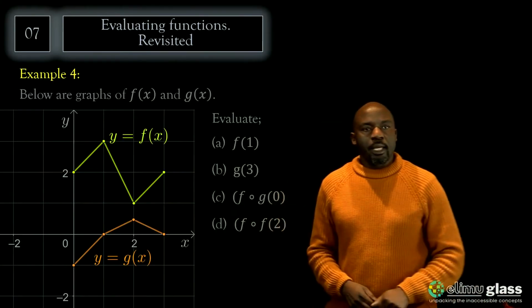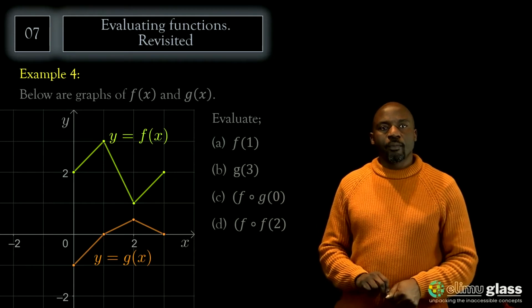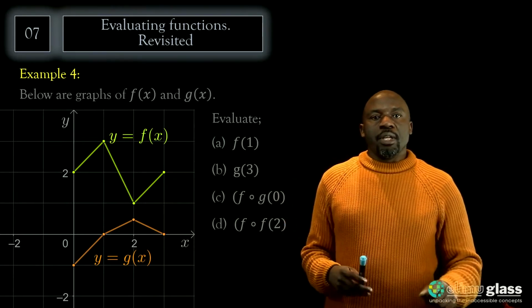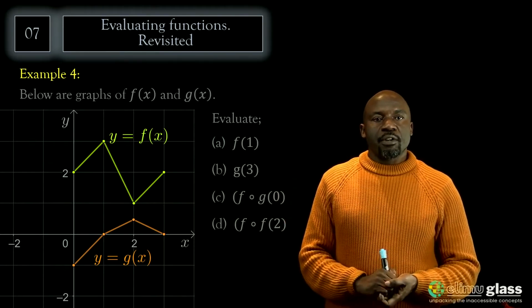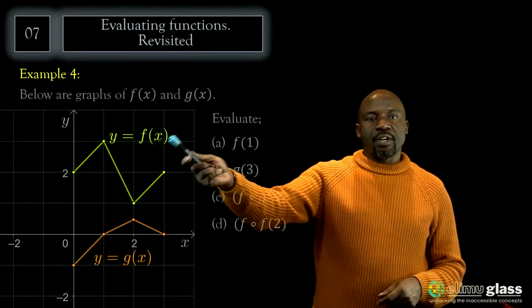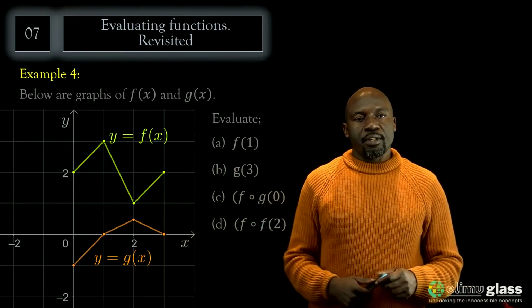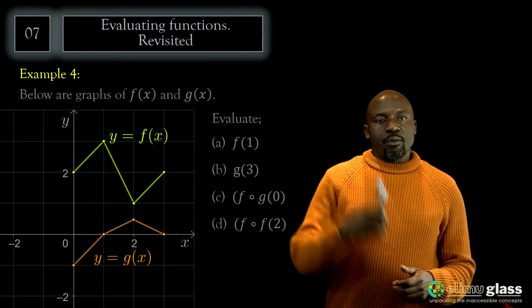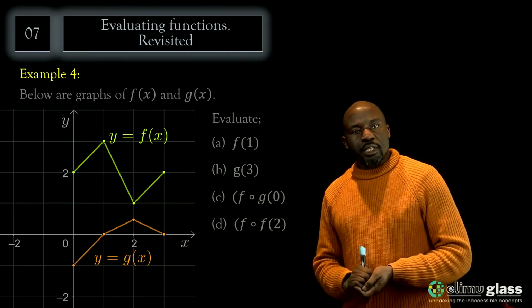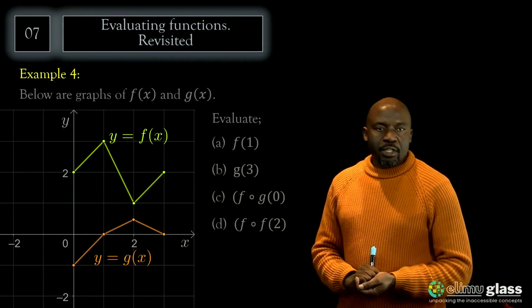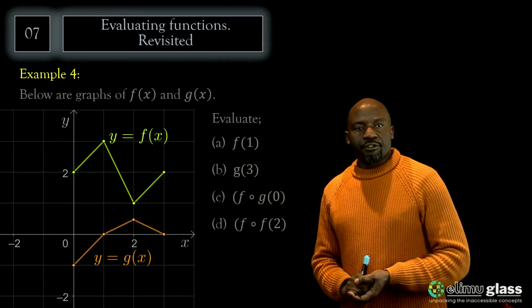All right. Here is example number 4. Below are the graphs of f of x and g of x. F of x is in green, g of x is in orange. Okay? Evaluate f of 1, g of 3, f of g of 0, and f of 2.